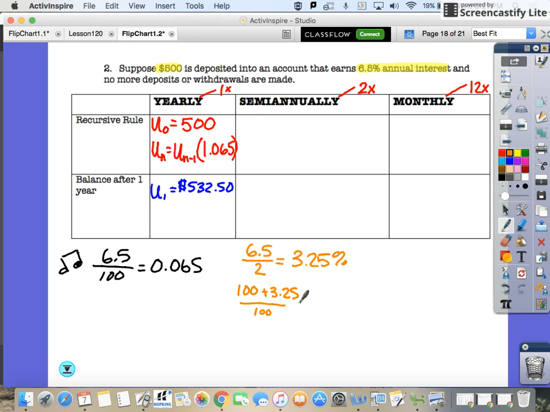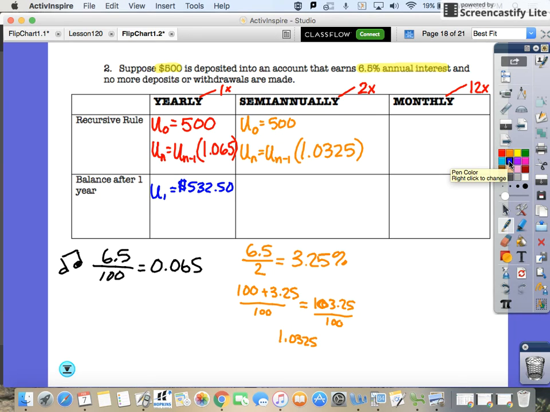Divide that by 100, and you end up with 1.0325. When we write our recursive formula, u sub 0 is 500 still, but this time u sub n equals u sub n minus 1 times 1.0325, because you get a slightly smaller percentage.